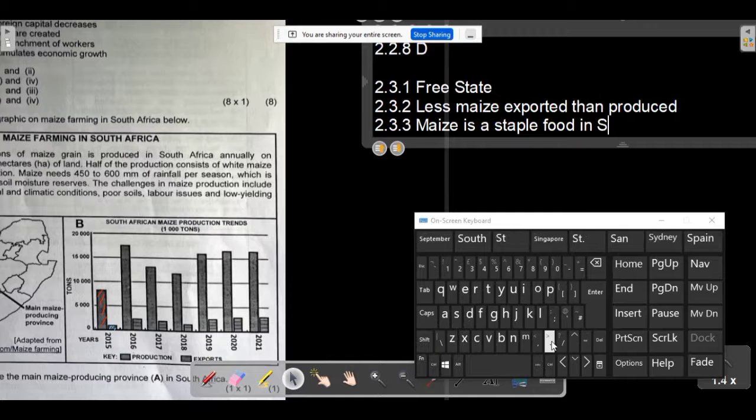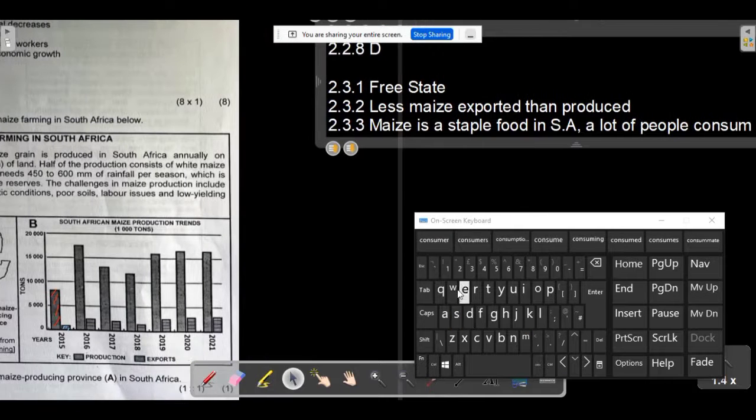By staple food, that means that people buy it. It's what we usually consume, maybe not on a daily basis, but most of the time. So a lot of people consume it.